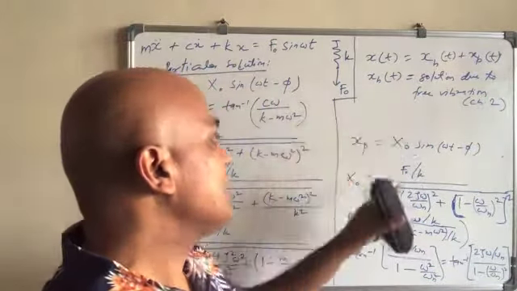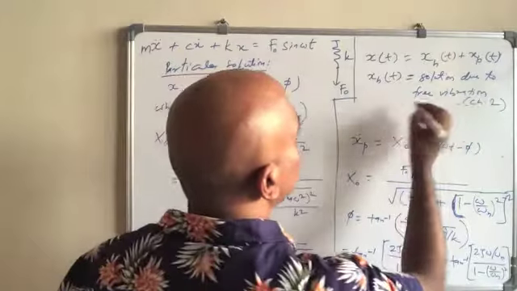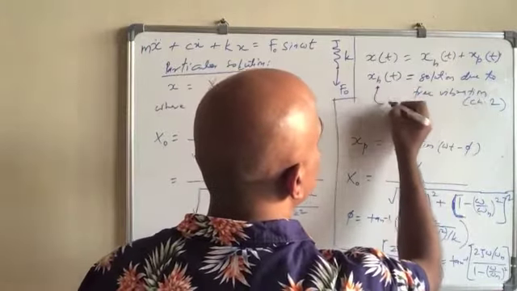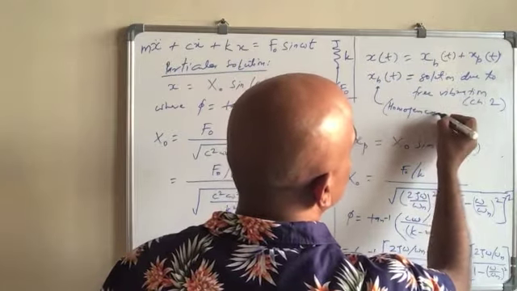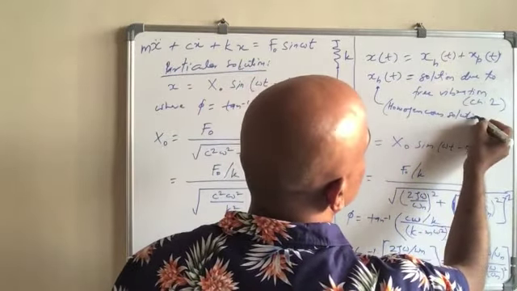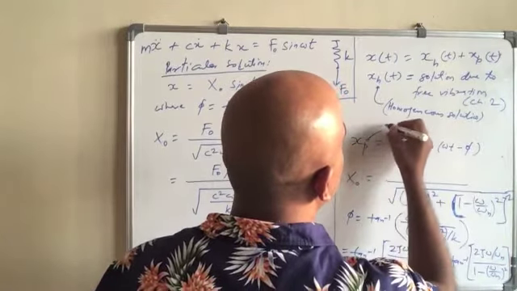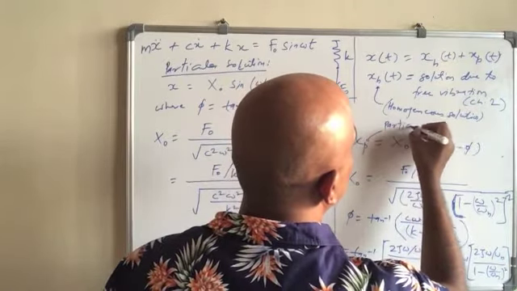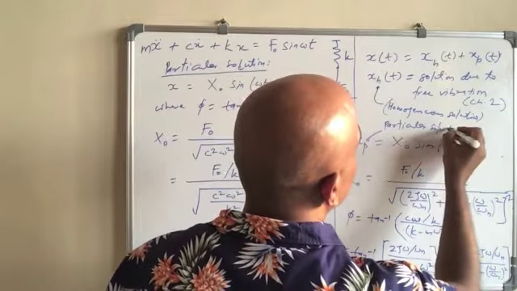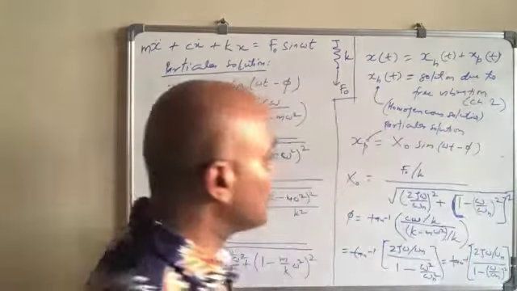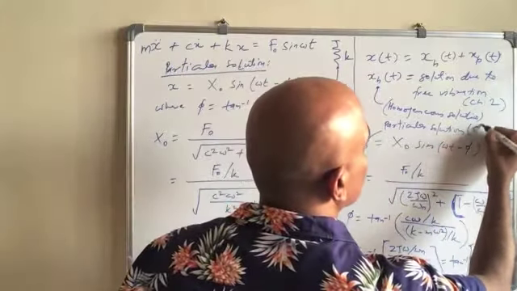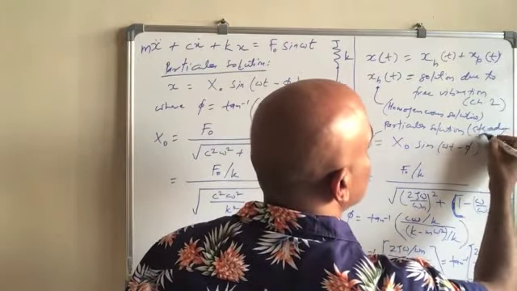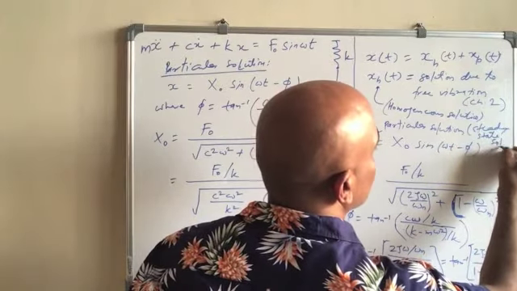After that, what you have is x p, the particular solution. So here h is for the homogeneous solution, and p is the particular solution. This particular solution is also called the steady state solution.